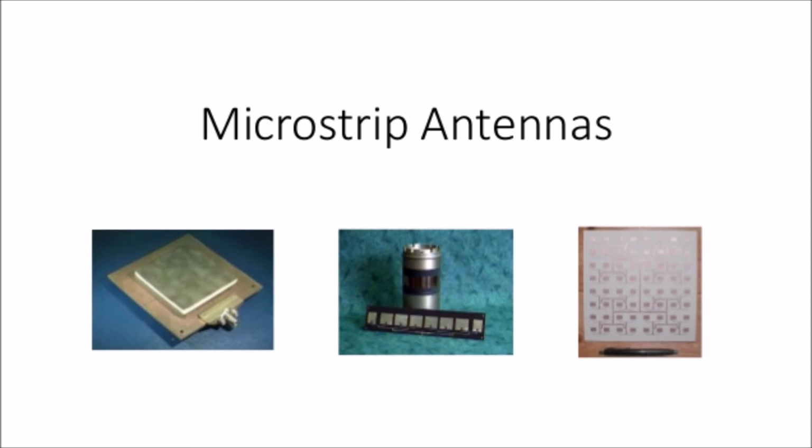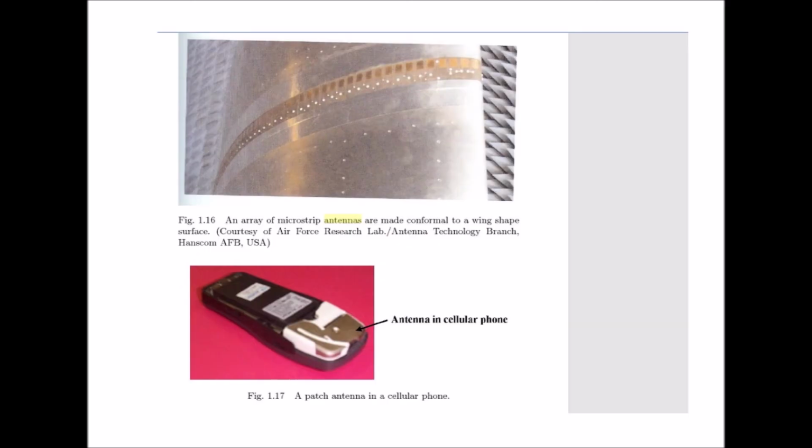Figure 1.15 shows a 896-element microstrip antenna array for remote sensing applications. Their planar profiles are to be contrasted with those of the arrays shown in Figure 1.9. Figure 1.16, an array of microstrip patch antennas made conformal to a wing-shaped surface.